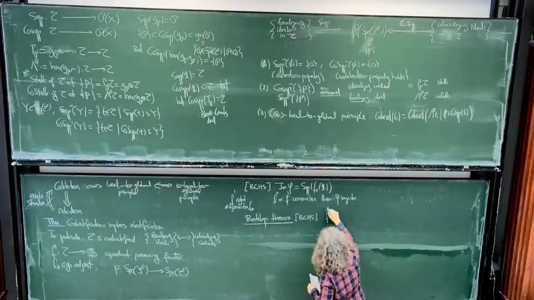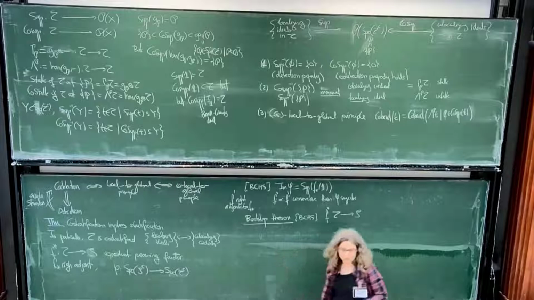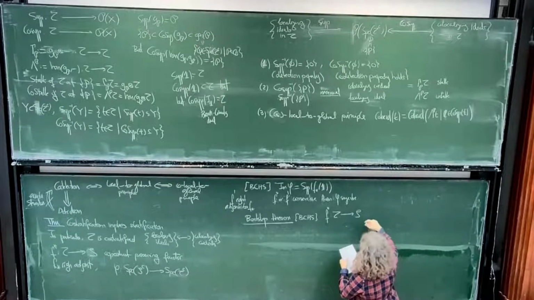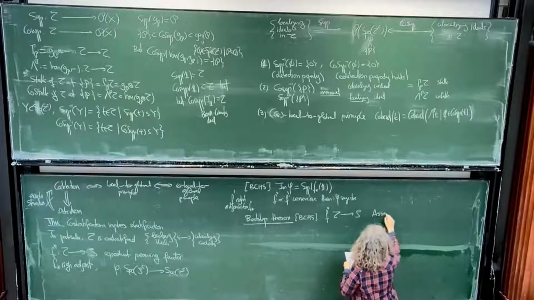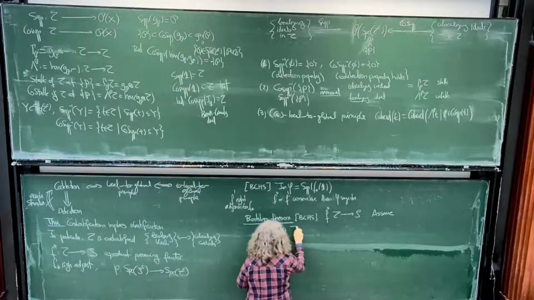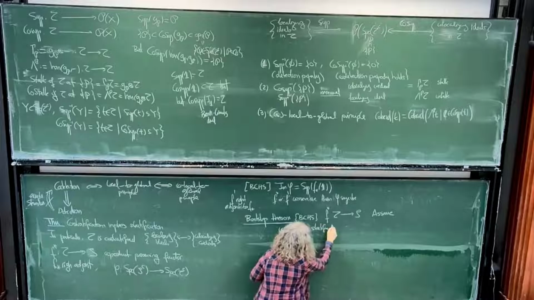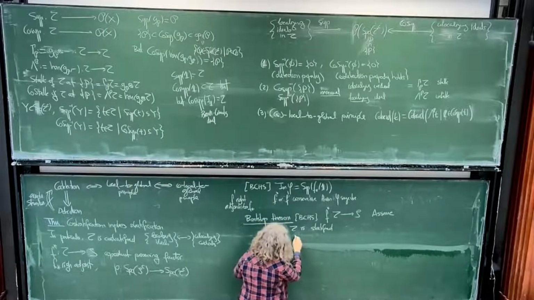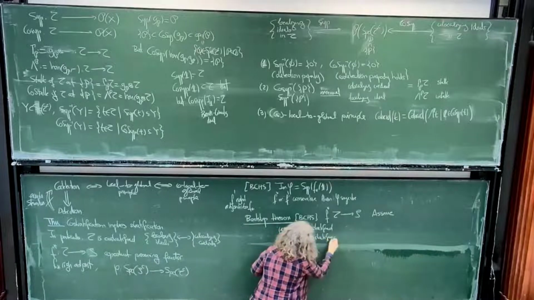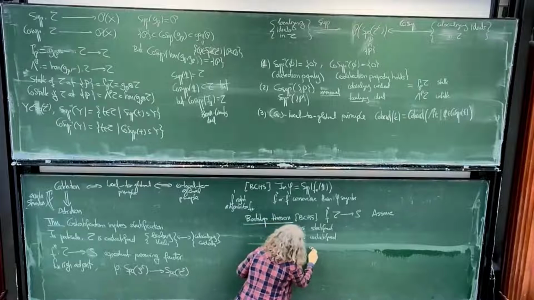So assume you have one of those functors with the same hypothesis as before, and assume that A, T is stratified, B, S is costratified, and that this functor is conservative.